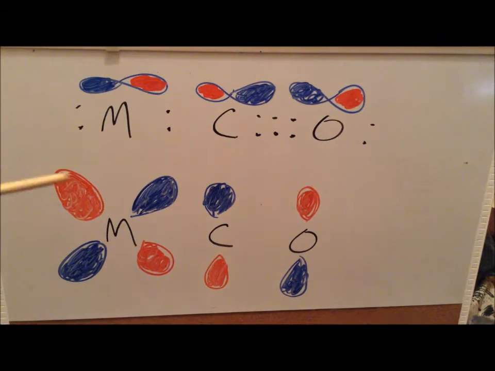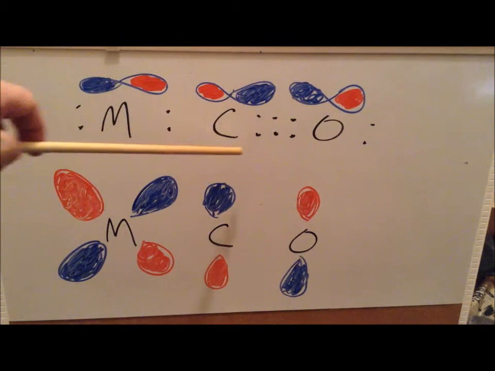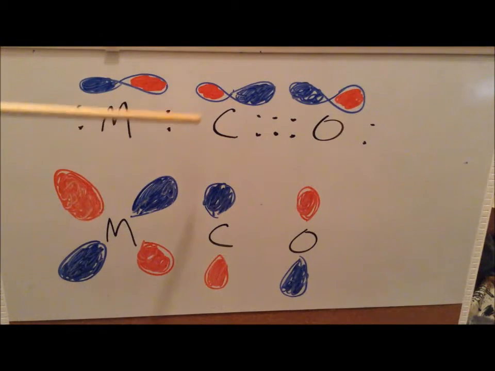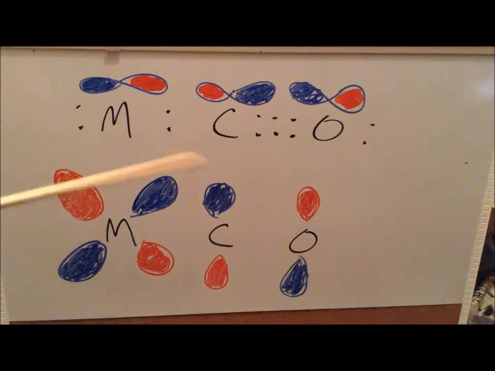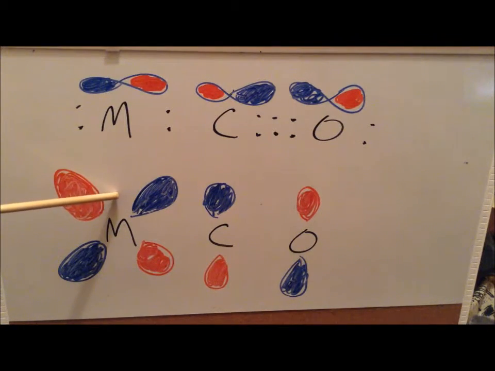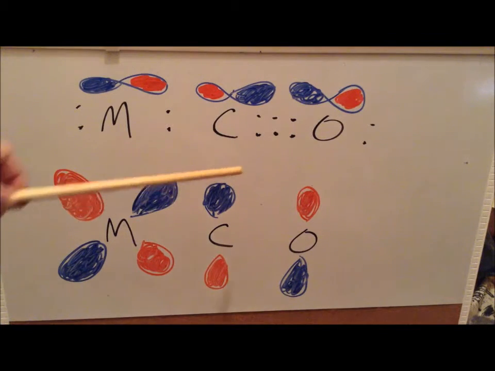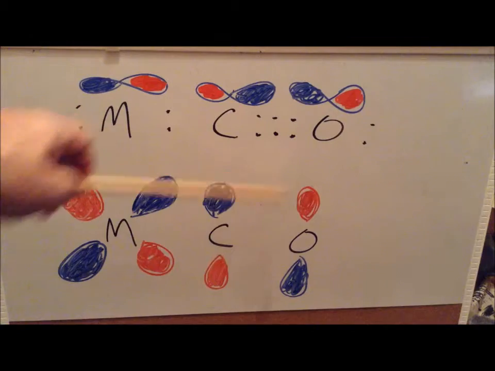So just as we have electron density from carbon monoxide being pushed onto the metal through a sigma bond, some of that electron density can be relieved from the metal by back donation, by back bonding, electron density from the metal back into a pi antibonding orbital on carbon monoxide. So notice that from here to here they have different phase, here to here they have different phase.